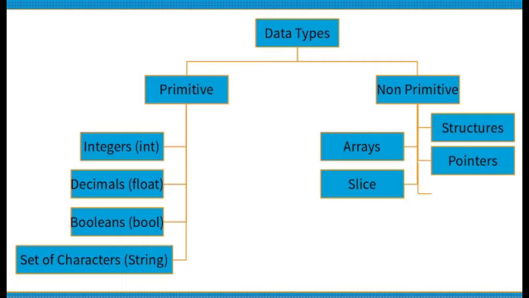Yes, Golang provides another non-primitive data type known as an interface. If the return type of a function is an interface itself, it is representing something more generic, which could be a struct, boolean, integer, set of chars, anything.